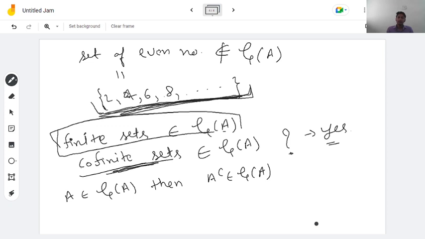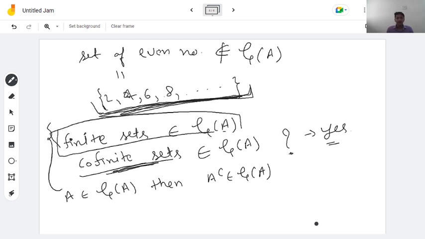Now we have completed all the possibilities, and we have the set which contains finite sets and cofinite sets, and this is the minimum set, right? And what does that imply?